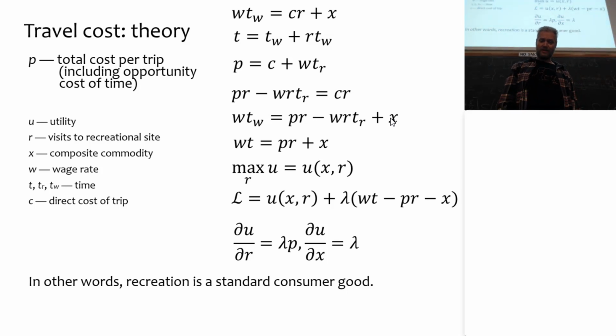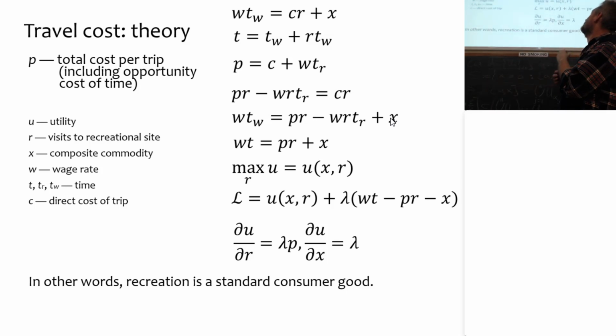You can bring WTR to the other side of the equation and multiply everything with R, and then you get the fourth equation that you see there. PR minus WRTR is equal to CR. And we had CR in the top equation, right?